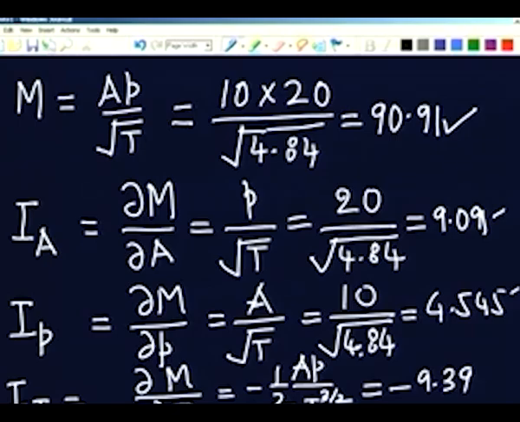So the three influence coefficients are available here, and the standard deviations of the errors of the quantities A, P and T are specified as percentages. Therefore, I will first obtain the actual values.